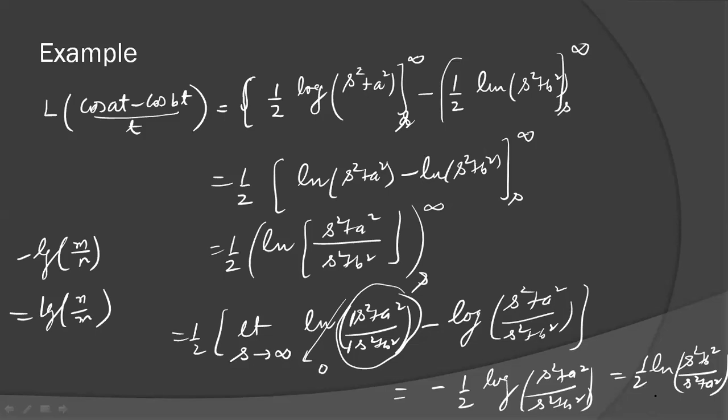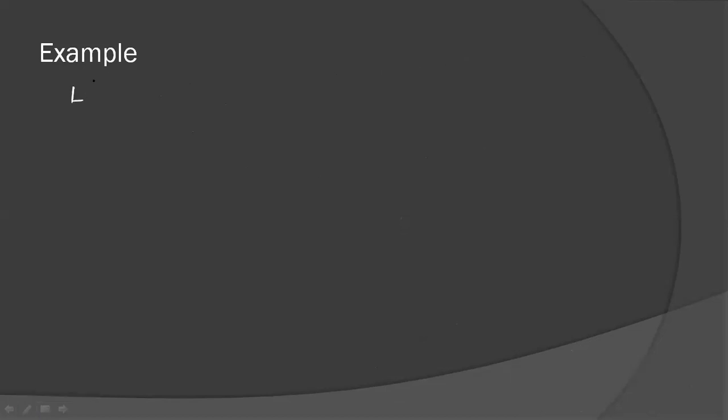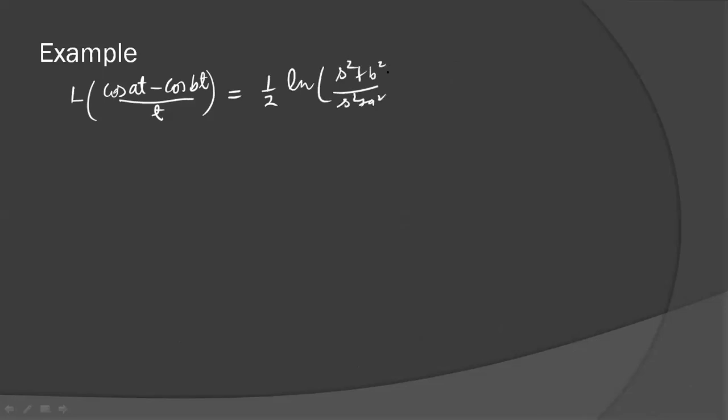So this is a very useful result and an important question. So now we have Laplace of (cos at minus cos bt) by t equal to 1 by 2 log (s square plus b square) over (s square plus a square).